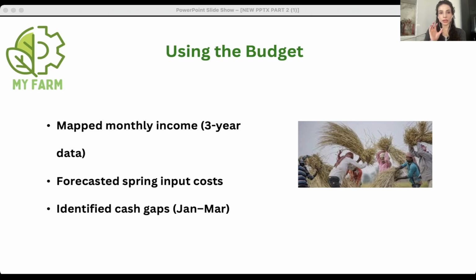So key steps included charting monthly income based on 3 years of harvest data, forecasting spring input costs using updated supplier quotes, identifying cash deficit months, so from January to March, to proactively prepare.